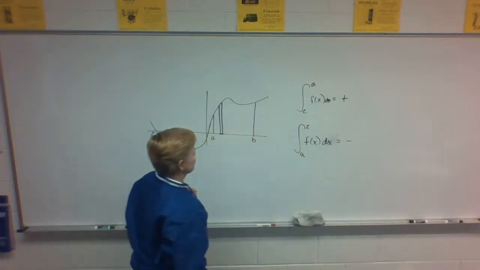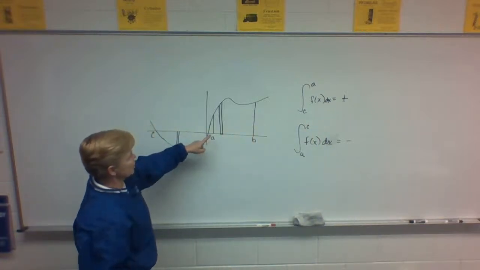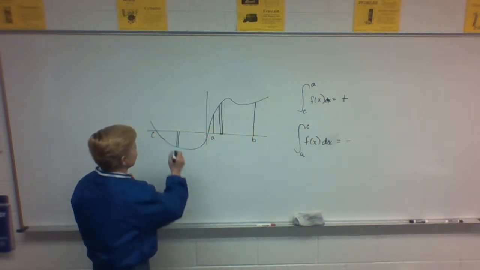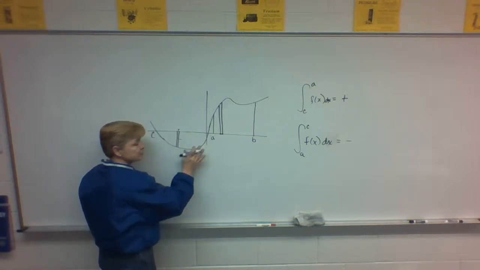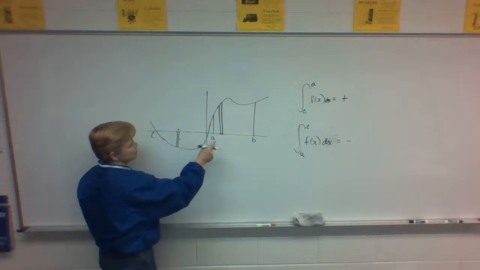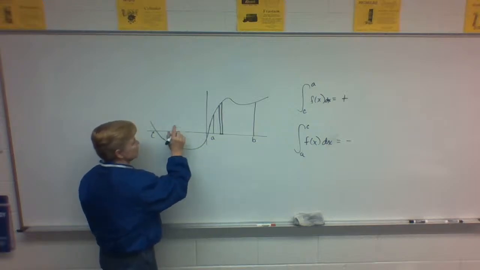If I integrated from c to a, I would have positive values here and negative values there, which would give me negative area, just like you said. If I was integrating from a to c, then I would have negative values here, and this would actually turn out positive.